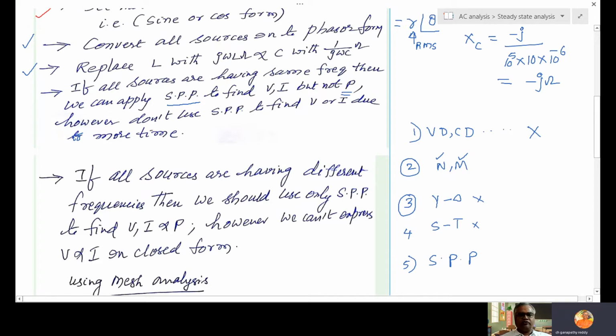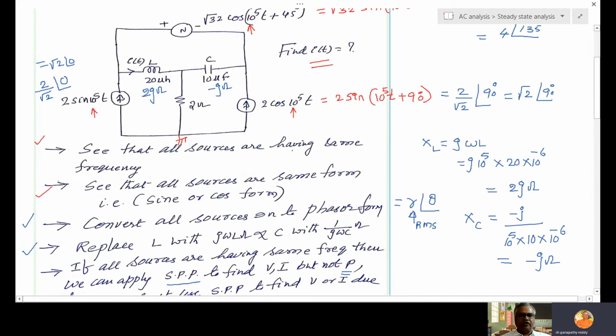However, don't use the superposition principle to find voltage or current due to more time. Why does it take more time? I1 because of this source alone will take 5 minutes. I2 because of this source will take another 5 minutes. I3 because of this source will take another 5 minutes. Then I equals I1 plus I2 plus I3; that addition of AC sources will take another 5 minutes.